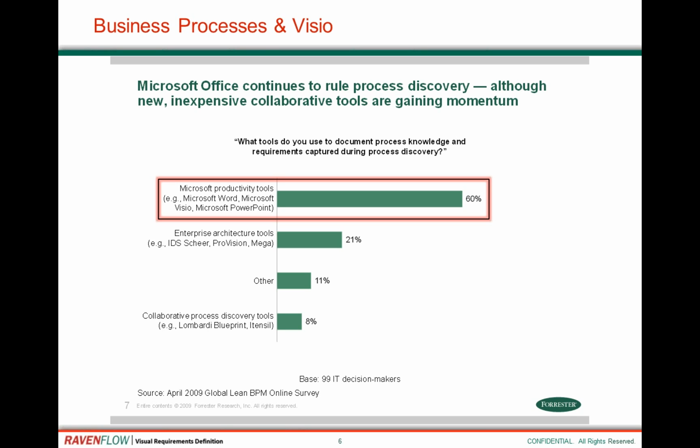Right? So in this particular survey, 60% of the respondents use Microsoft Office and Visio to perform that function. And in our own survey results from performing webinars like this, we continue to ask the question.